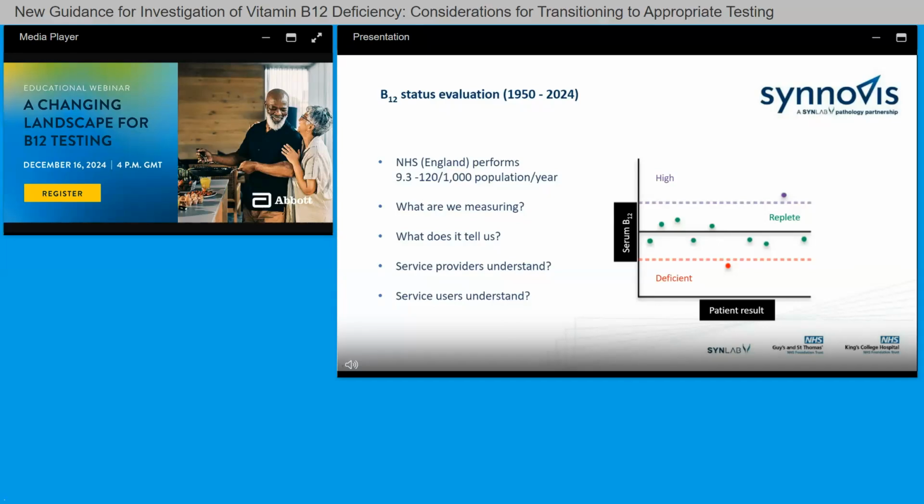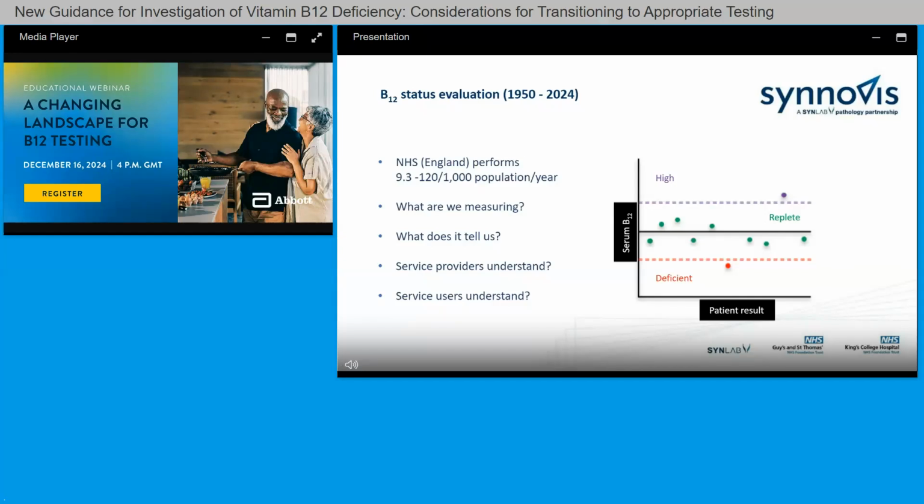But how many people ordering that test actually know what is being measured and what the result is telling them? How many people performing the test for the requester understand the limitations of the analysis they are performing?